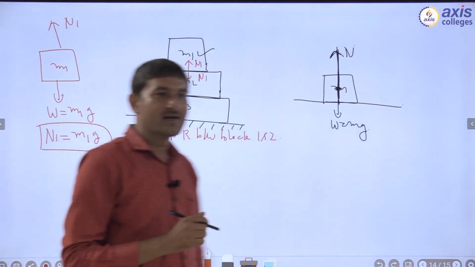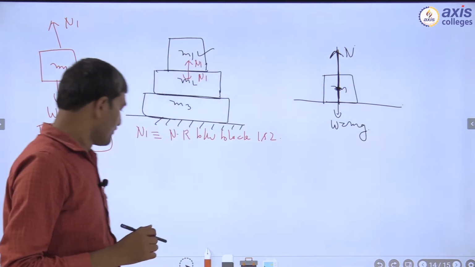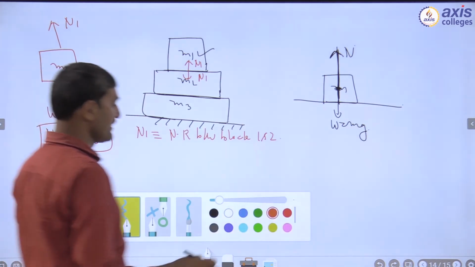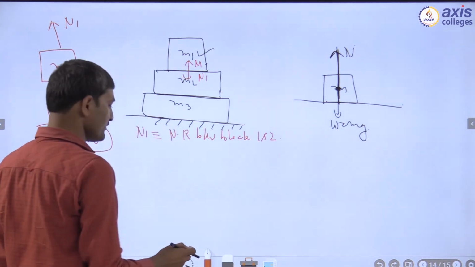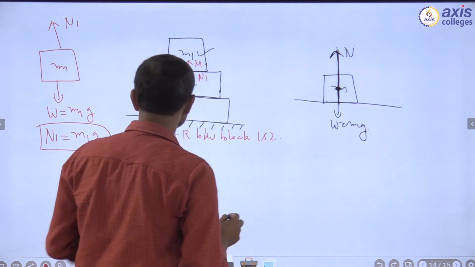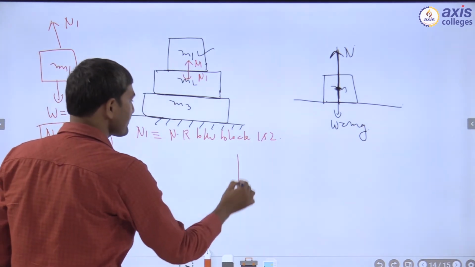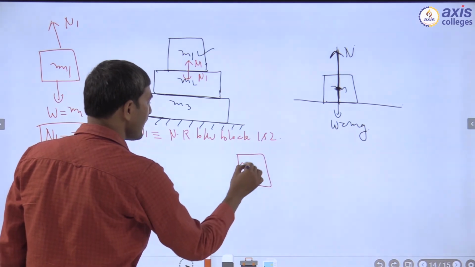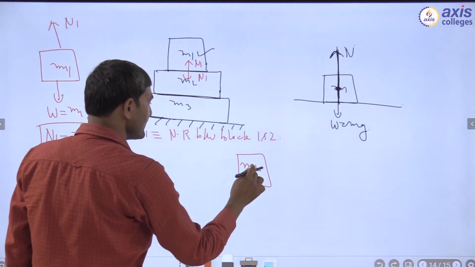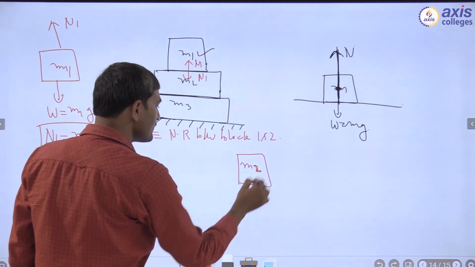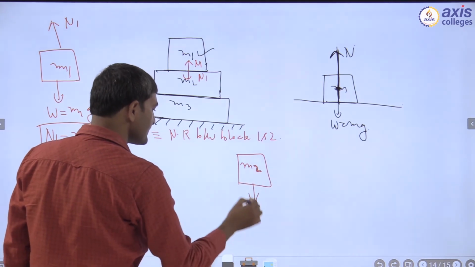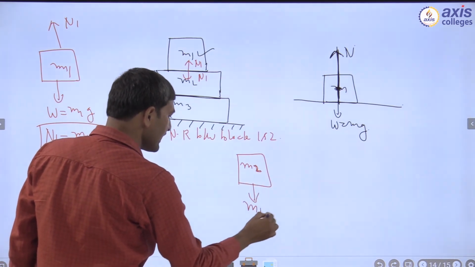Now suppose I want to make the FBD for block 2. Let us say this is block 2 of mass m2. The weight is in the downward direction, so this is m2 into g.